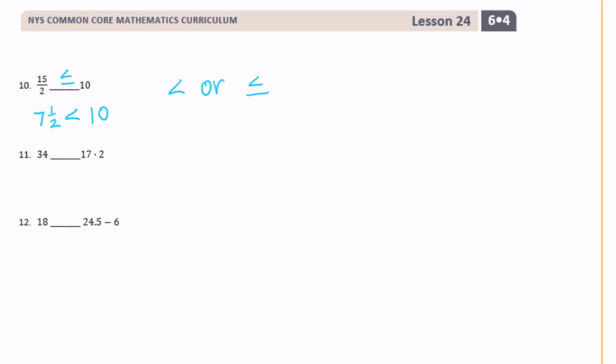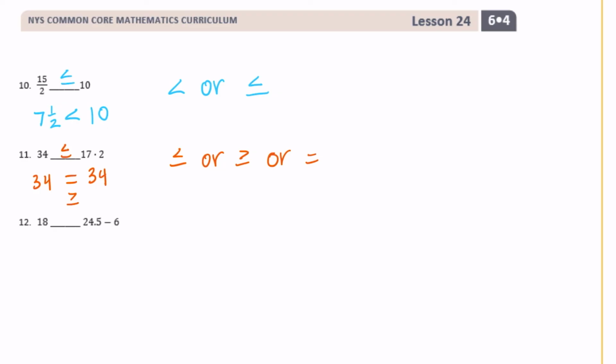So 17 times 2 is 34. So the easy one is 34 is equal to 34. But then we can also use the other symbols that say or equal to. So we could say it's less than or equal to. We can also say it's greater than or equal to. So less than or equal to, or greater than or equal to, or just equal to. All of those signs would work in that spot.